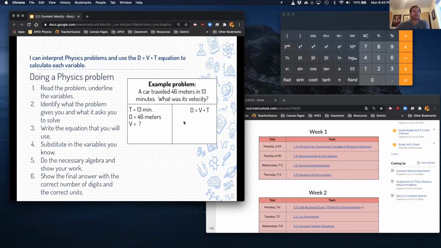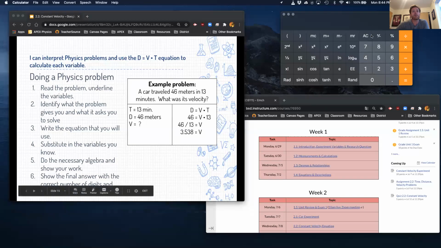So I'm using the exact same equation written the exact same way. And then the next thing I'm going to do is I'm going to substitute in 13 in for T and 46 in for D. Now solving it is a little bit different here. What I want to do is I want to get velocity all alone on the right side. So I'm going to divide this side by 13 and this side by 13. And when I do that, I get this answer right here. Actually, I get a much bigger answer. Look at this.